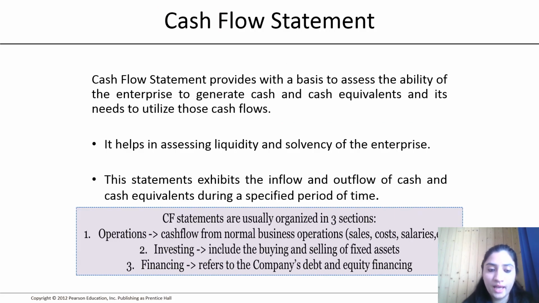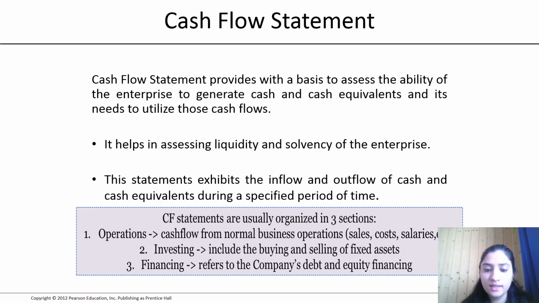Another one is the cash flow statement. The cash flow statement tells us about the liquidity of the business. Liquidity of the business means the short-term capability of the business to pay short-term liabilities. On the other hand, there is the solvency of the business as well. Solvency means the capacity of the business to pay long-term obligations with its long-term assets.